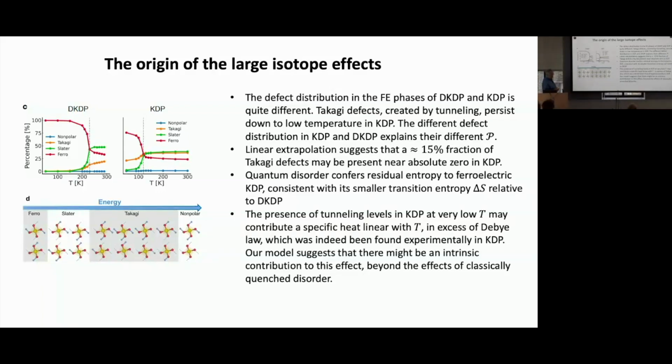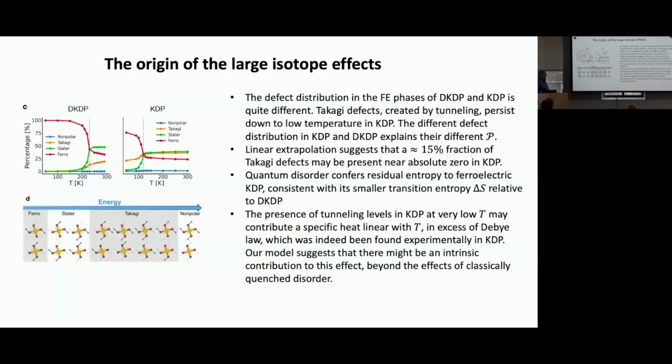We could go up to 50 Kelvin, but with a simple extrapolation, we get a substantial fraction of these defects that should be present also near zero temperature. So there is always quantum disorder induced by quantum fluctuation in KDP.